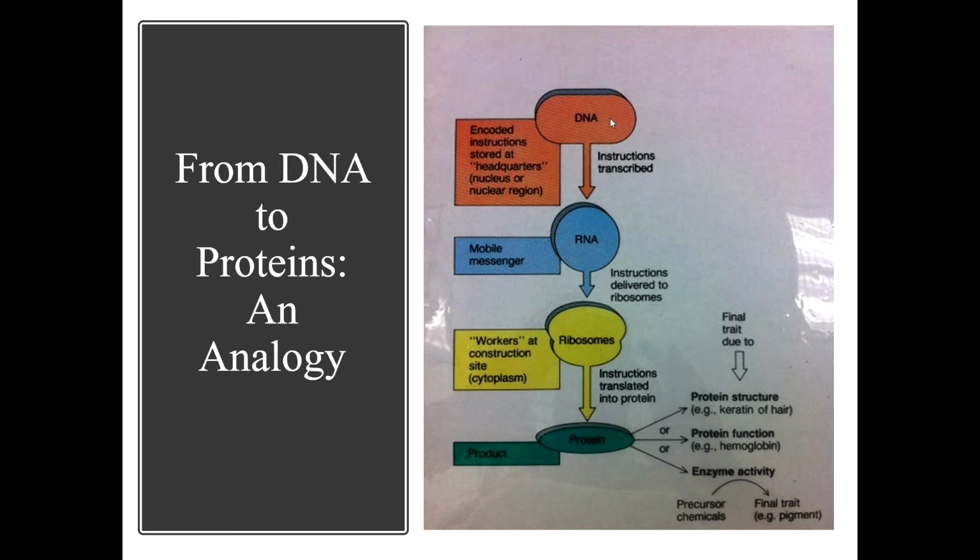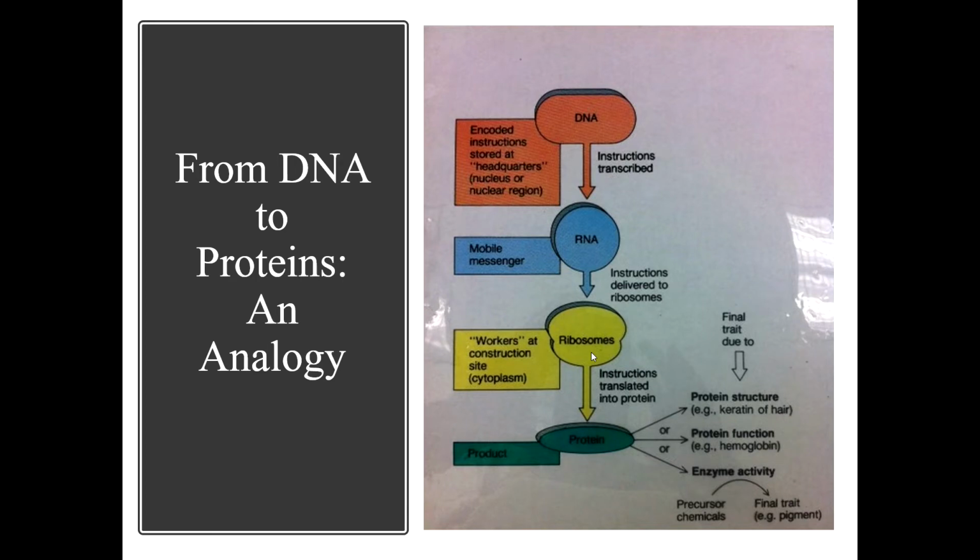So let's say you want to build a house, and you have a blueprint for that house. You don't want to take the original out to the job site. The original is DNA, which provides the instructions, but instead you have this mobile messenger RNA that's going to take it out to the job site. The job site in this case is the cytoplasm, and that's where the workers, which if you remember, ribosomes are involved in protein synthesis.